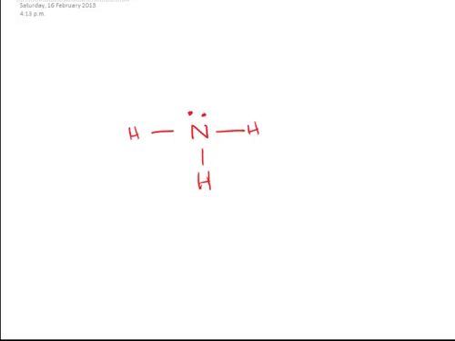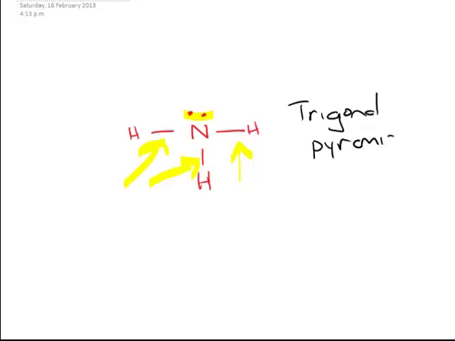Now this molecule here, ammonia, has got 1, 2, 3 bonding pairs and 1 non-bonding pair. That means this is based on a tetrahedral shape, but the actual shape is trigonal pyramid. Okay, and that's based on a tetrahedron though. So the bond angle here is approximately 109 degrees as well.